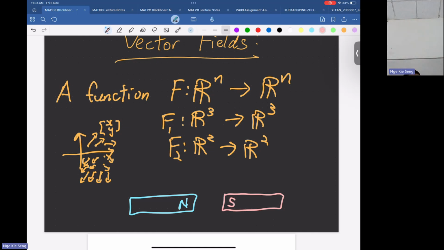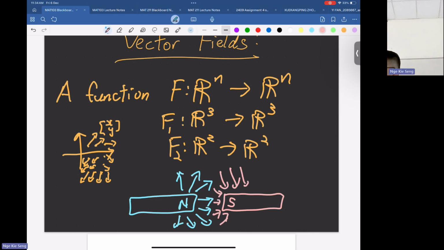If I put N and S side by side, N will get attracted to S. That's why you draw arrows like this. Then this is a vector field because this picture is drawn in R2, and the starting point of each vector is a point. So you have a point attached to a vector.